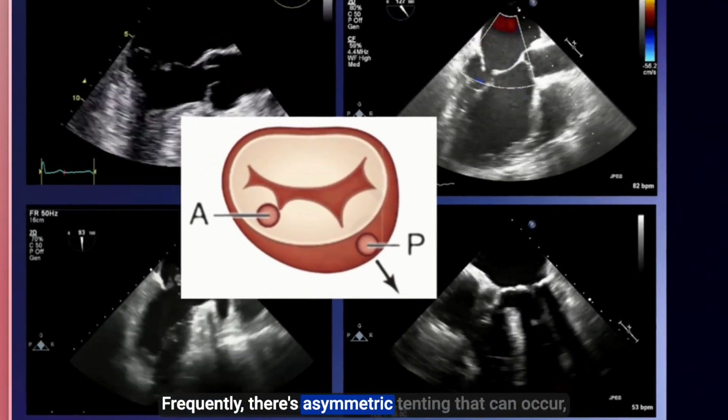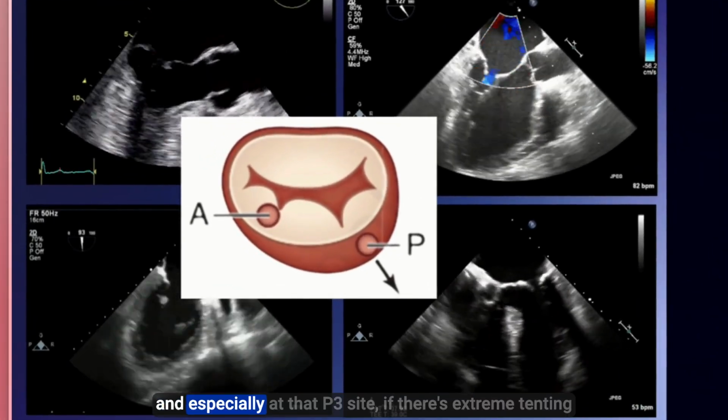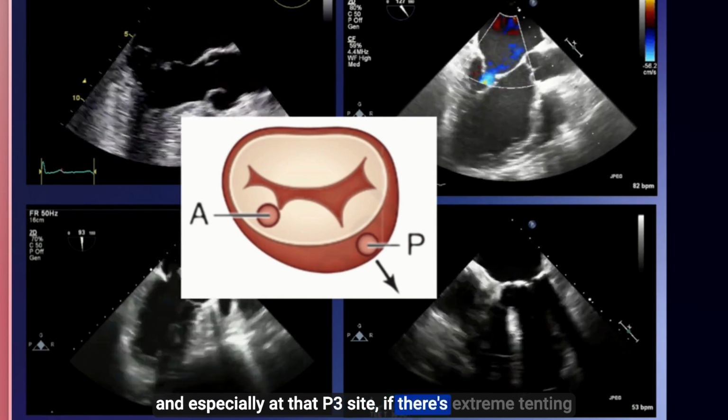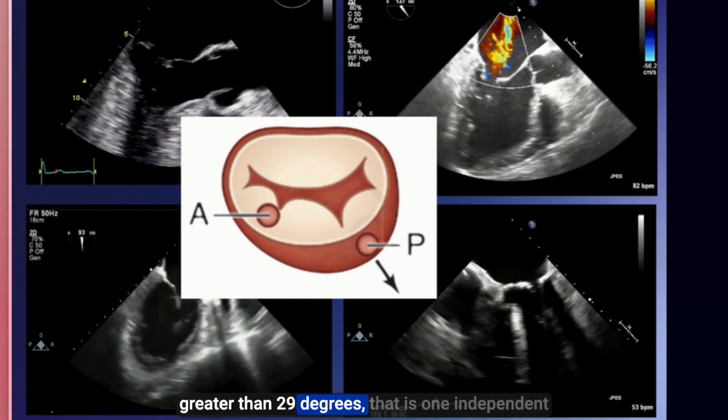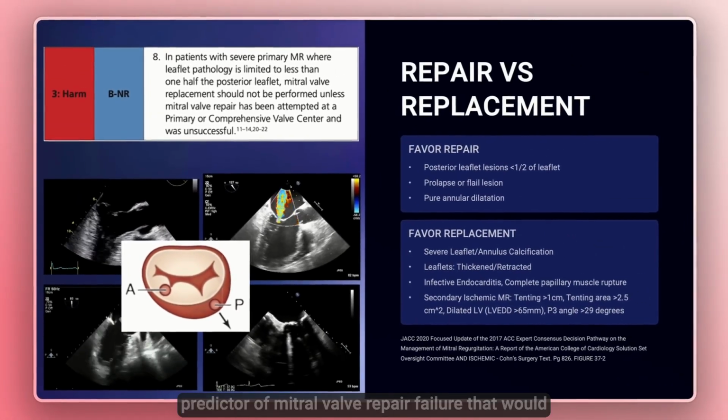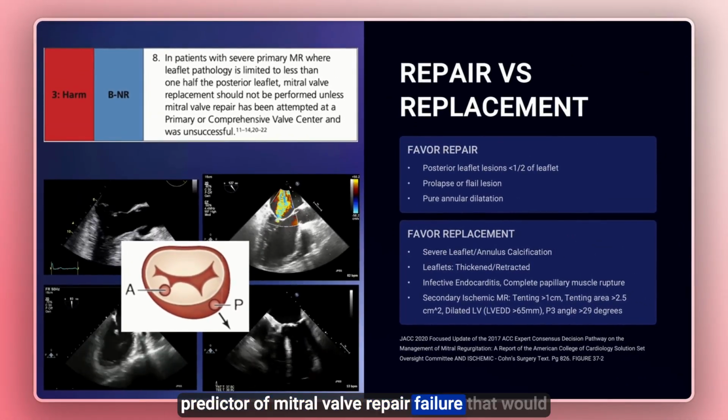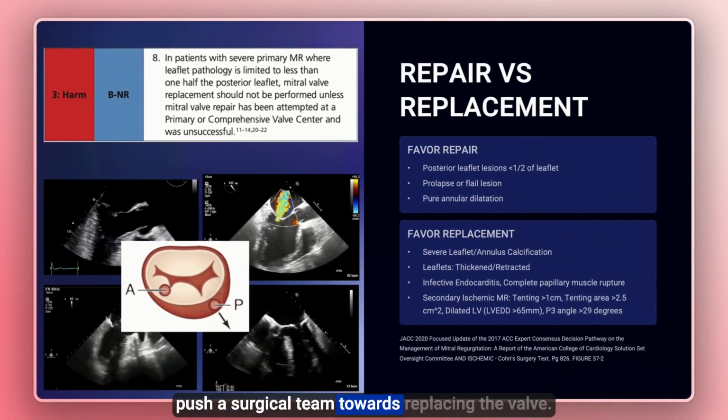Frequently, there's asymmetric tenting that can occur, and especially at that P3 site, if there's extreme tenting greater than 29 degrees, that is one independent predictor of mitral valve repair failure that would push a surgical team towards replacing the valve.